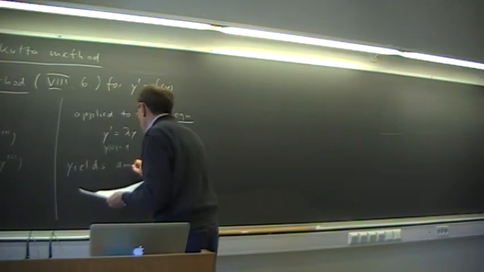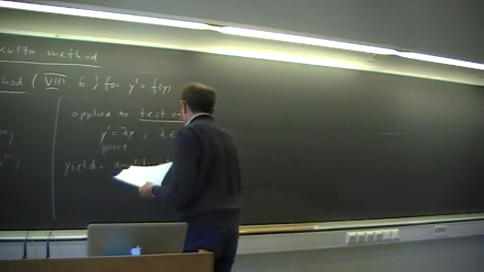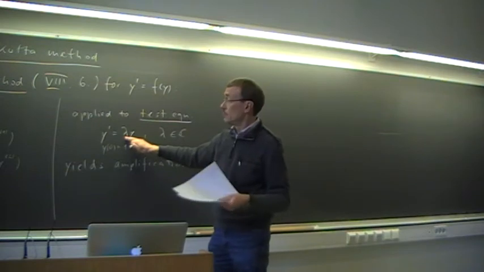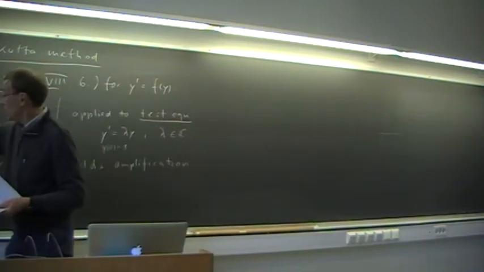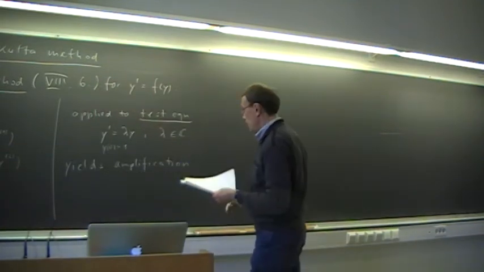We don't do it because it's just straightforward to put in f of y equals lambda y. So here everywhere lambda yn, lambda y1, lambda y2, and so on. Just put in the stuff.